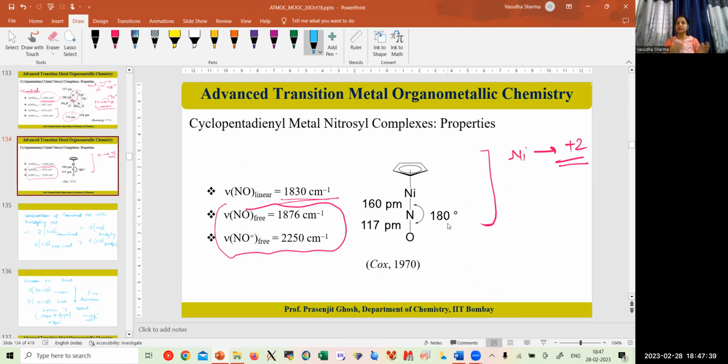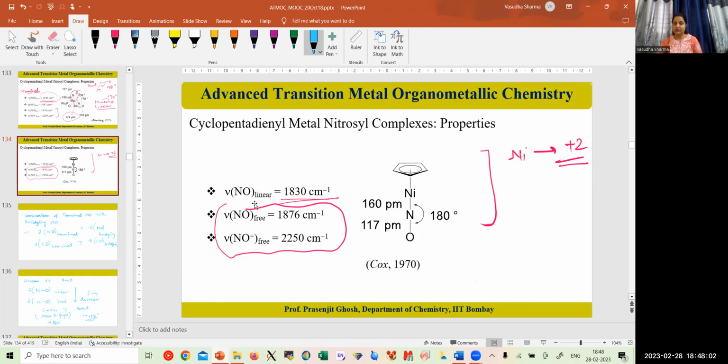Okay, if it is linear or bent, then which one is making the strong bond? Or if it is terminal or bridging, which one is a stronger bond? So here is the journal example, where we are not looking at bridging and terminal, because there is only one nitrosyl coordinating with your nickel in a linear and terminal fashion.